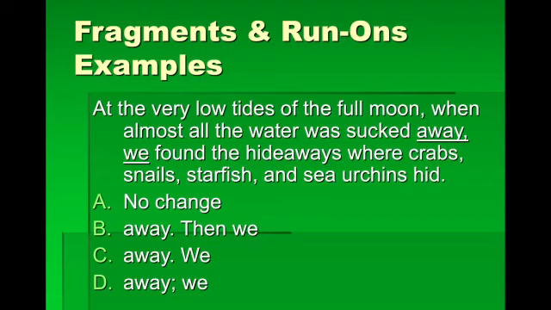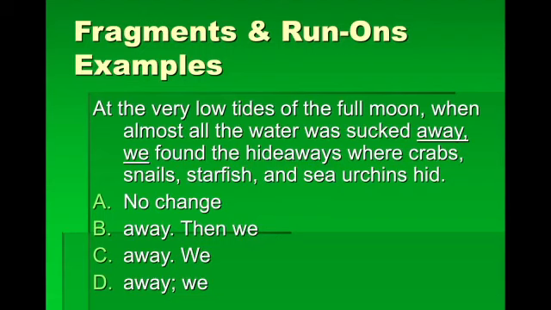If we start trimming the fat of the sentence, the very first thing that we can do is take away the prepositional phrases right at the very beginning of the sentence. You have "at the very low tides" and "of the full moon." Those are prep phrases. They don't need to be in the sentence. So when we start our sentence with "when almost all the water was sucked away," that is a dependent clause.